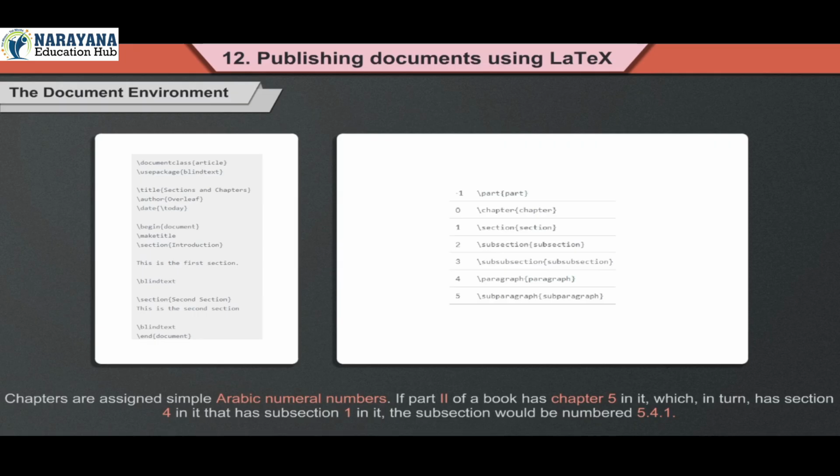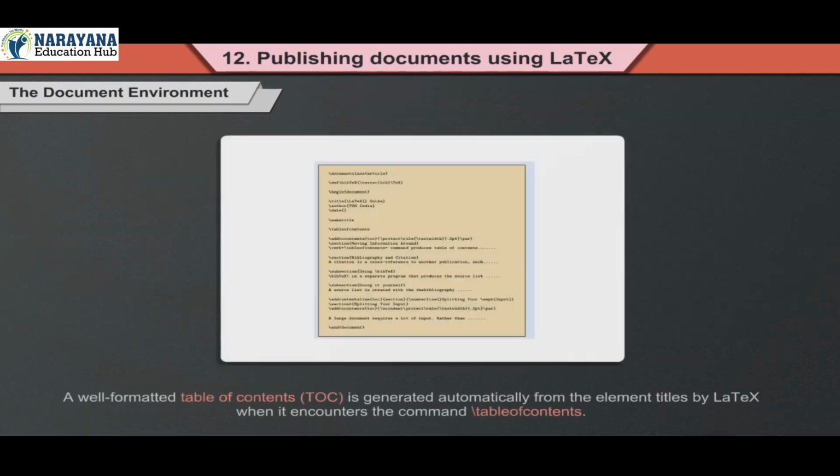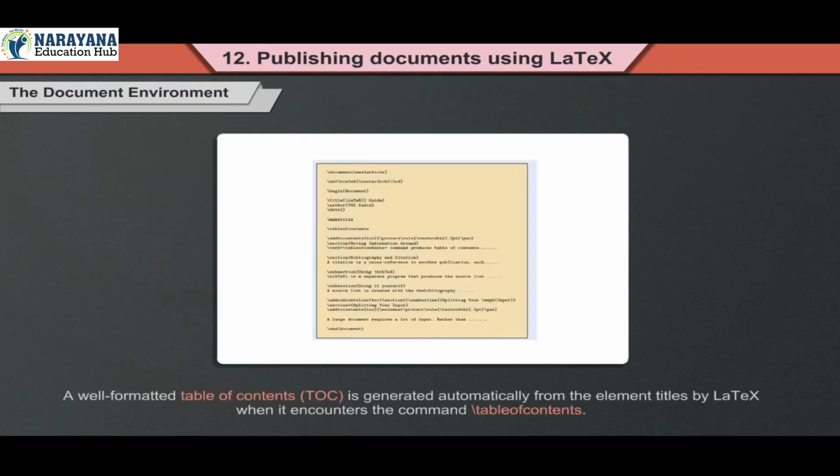If part 2 of a book has chapter 5 in it, which in turn has section 4 in it, that has subsection 1 in it, the subsection would be numbered 5.4.1.